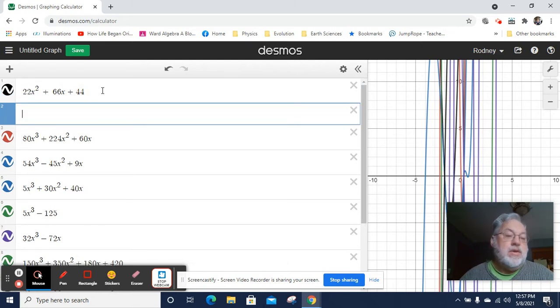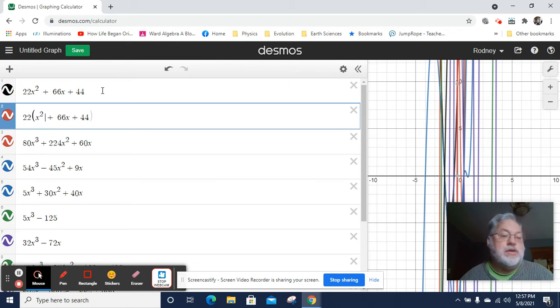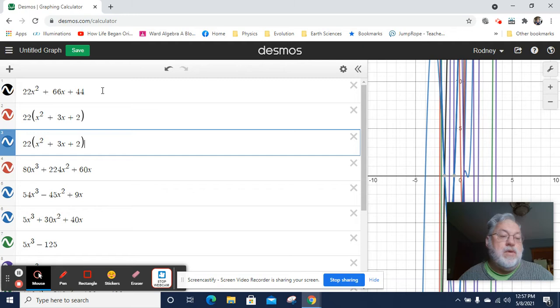So I will copy this into the next cell, and I'm going to factor out a 22 from all parts of this. 66 divided by 22 will be 3, and 44 divided by 22 will be 2. Now I have something much easier to factor inside of there. So now we'll copy one more, and we will factor this.